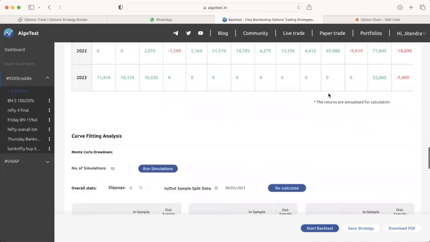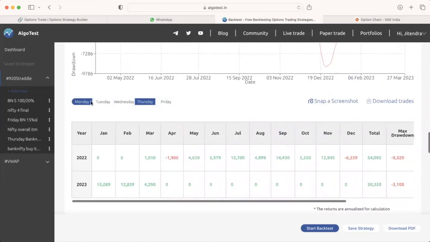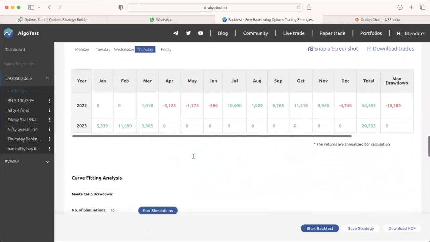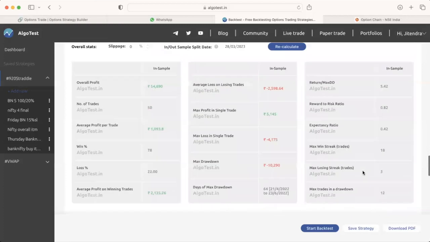Because of that also, there was a huge pressure on the profits. So on Thursday, this strategy has made around 54,000. But now the average loss is 2,500. The average profit is 1,000. So again, the loss is a little on the higher side, but we have a 78% win rate. And that is the reason why this is into profit.